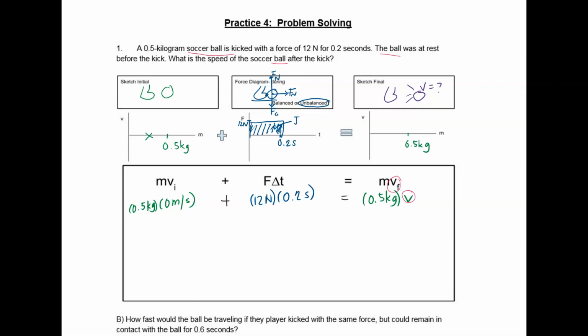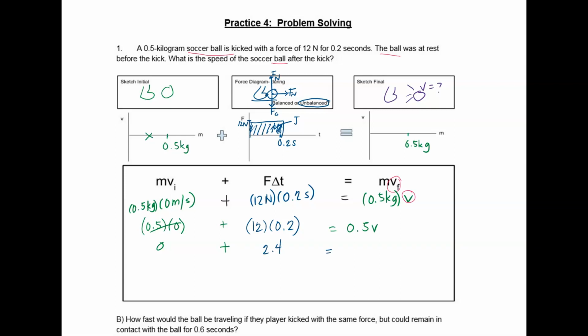So when we simplify our equation, I'm going to just take the units out because some of you said that you were getting confused with it. And so I'll bring it back in. And then we have 0 plus 12 times 0.2 is equal to 0.5 V. So 12 times 0.2 is going to be 2.4.